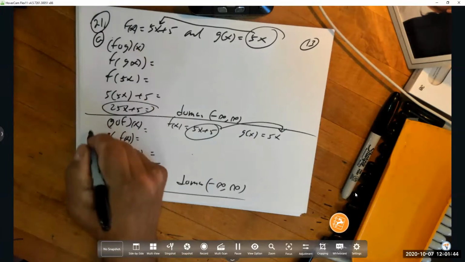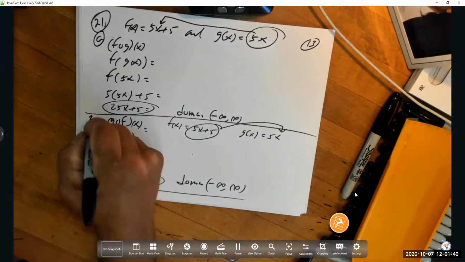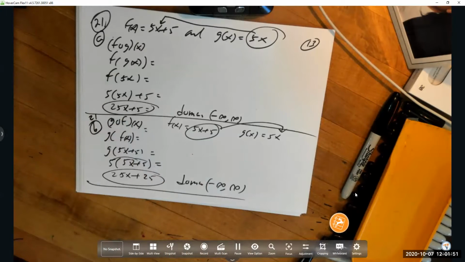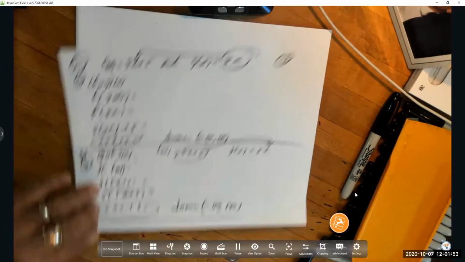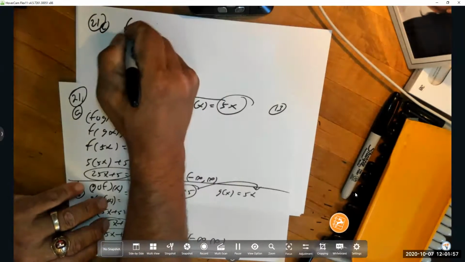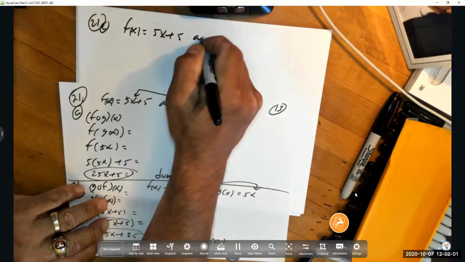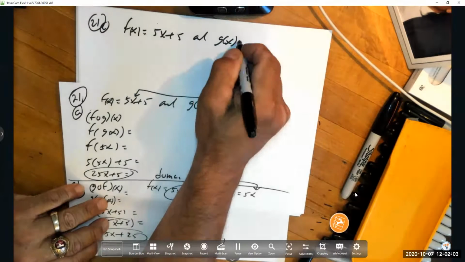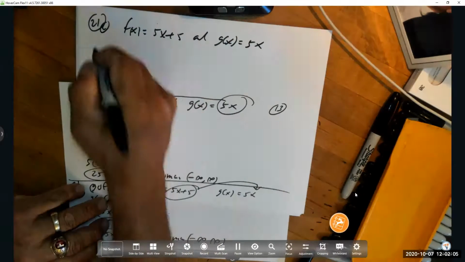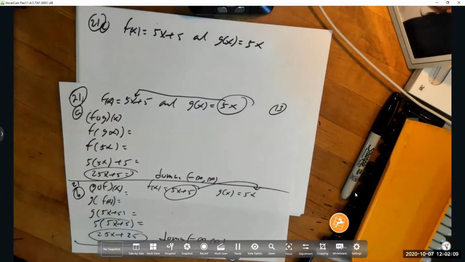Okay. There's B. All right. I'm going to go to number 21, letter C. Let me copy this again. This f of x is 5x plus 5. And g of x is 5x. So I'm going to find, what does he say? F circle f.